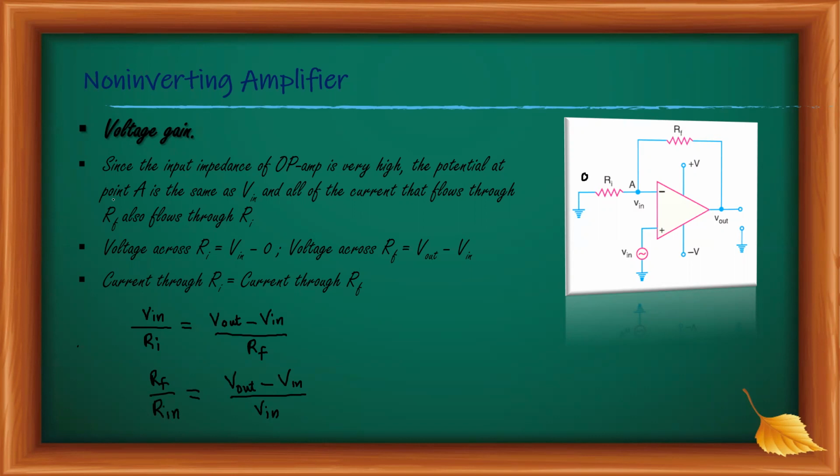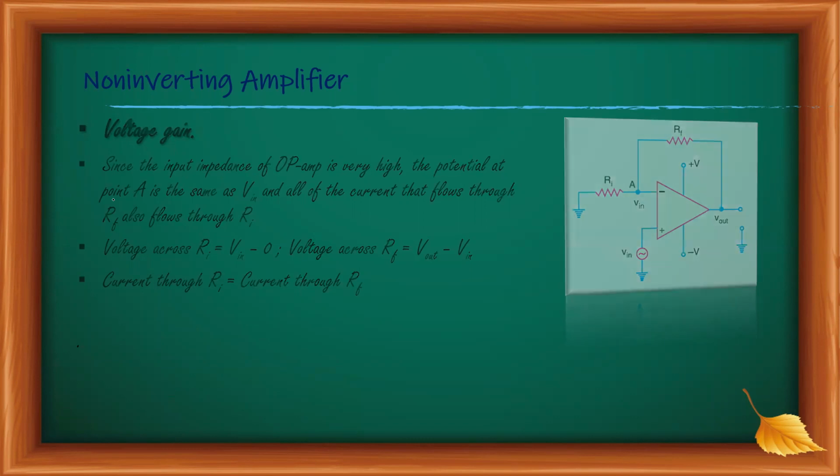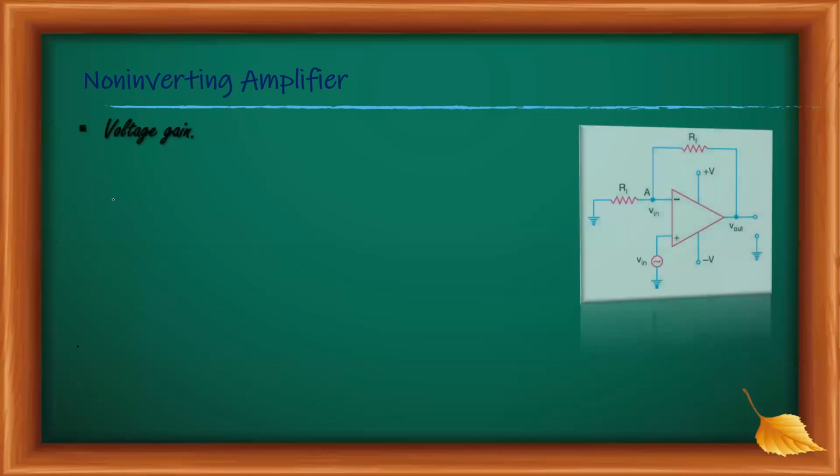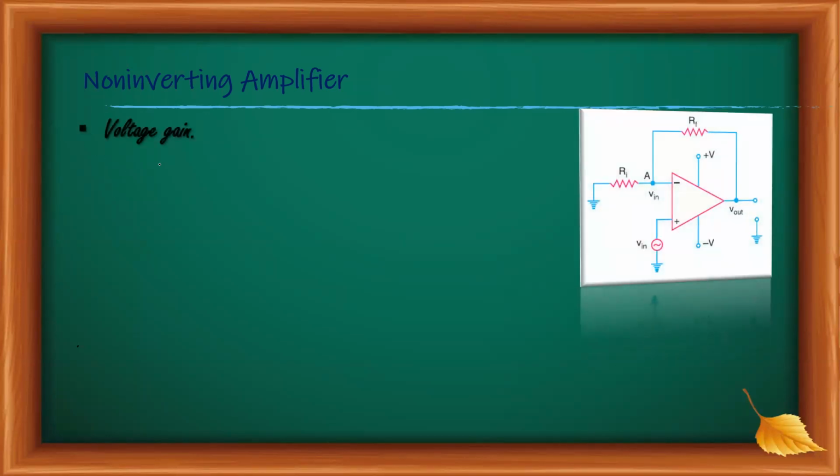Now we arrange the expression. Now the expression is Rf divided by Ri is equal to V out minus V in divided by V in.